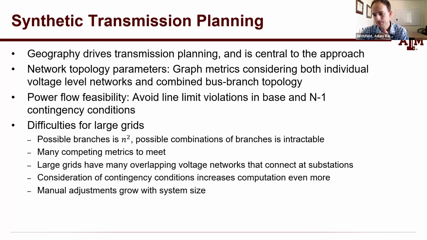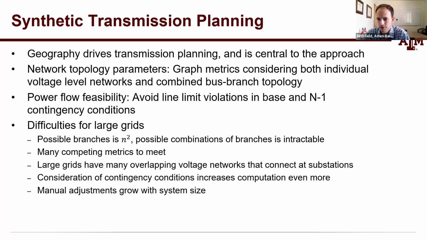For example, if you use a bus branch topology versus a node breaker topology versus a substation line topology, those are going to give you different graph properties. I don't think I included my slide on that for the sake of time. But we've done some analysis to show that you really need to have some consistency if you're going to use graph theoretic properties in constructing realistic grids.